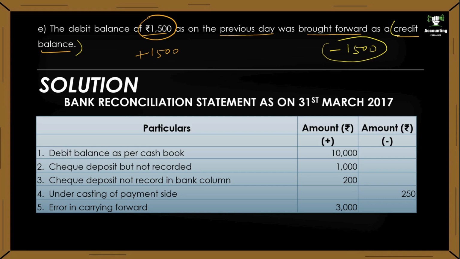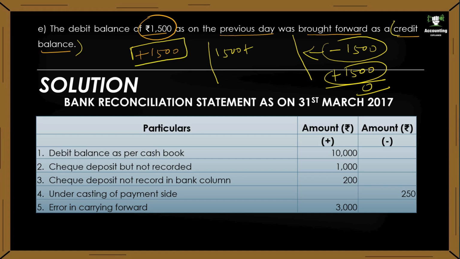How will you fix it? First, this 1500 has to be cancelled. How will you cancel this 1500? Only by adding 1500. Then only it will become 0, right? So first, this is our column for making working notes. Okay, 1500. I am adding this 1500. Next, this 1500 debit balance should be introduced.